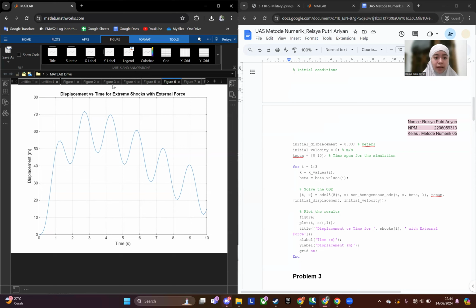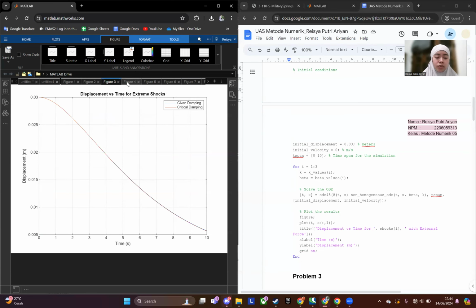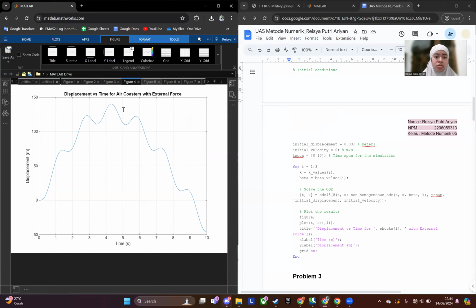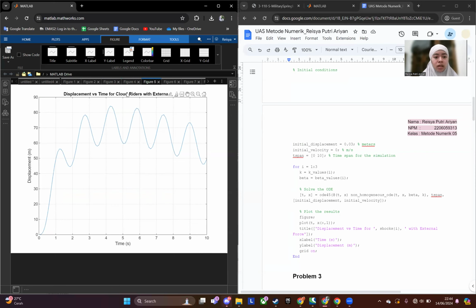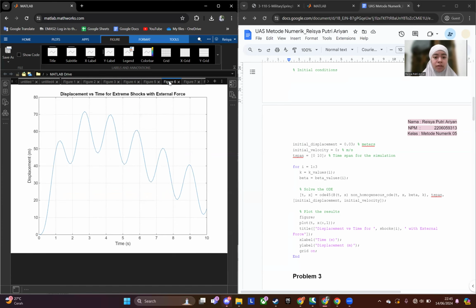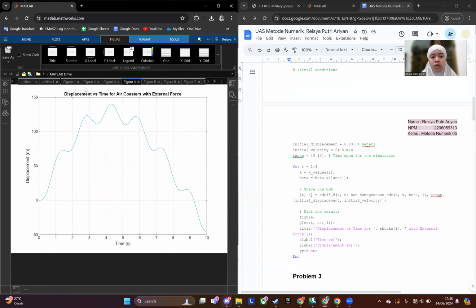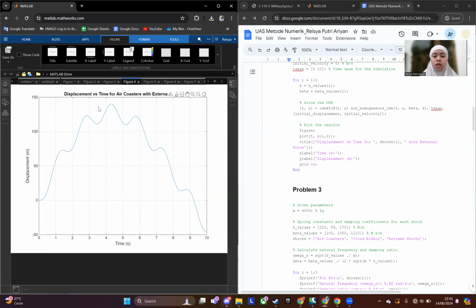We can see that the Air Coaster is much more parabolic. The Cloud Riders is high first and then linear after that, and the Extreme Shock is much more linear. So we can see that the Air Coaster from problem 1 and problem 2 is much different than the others.